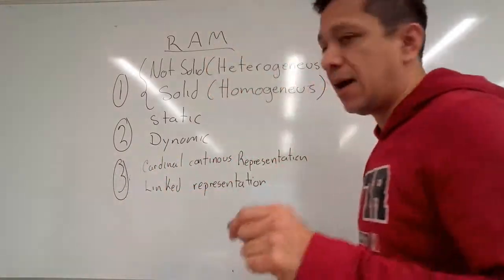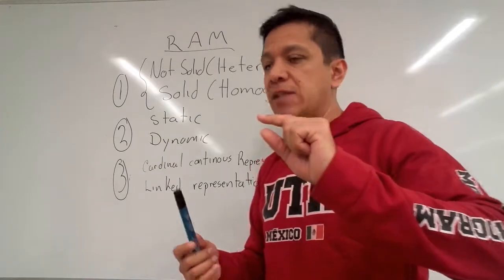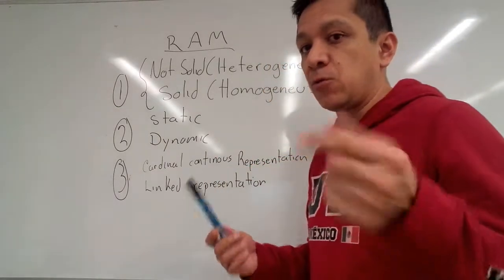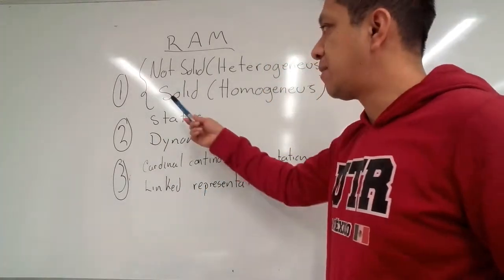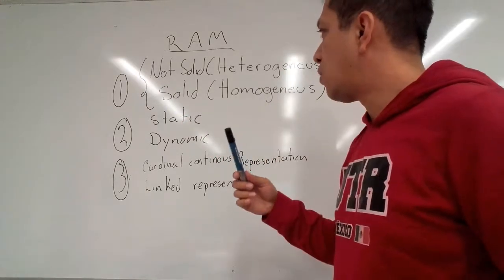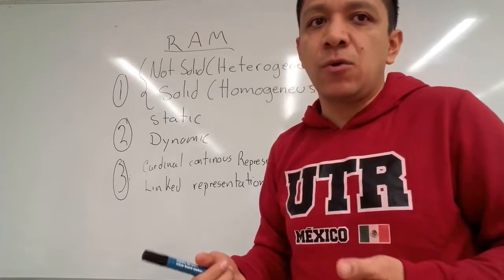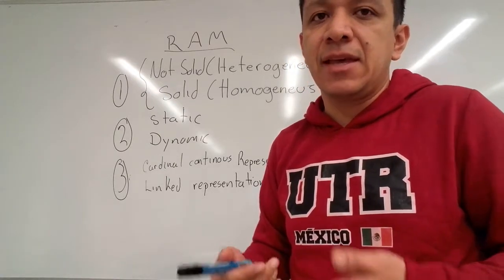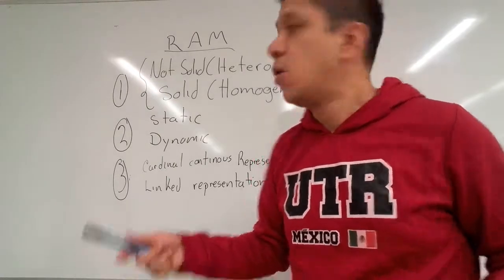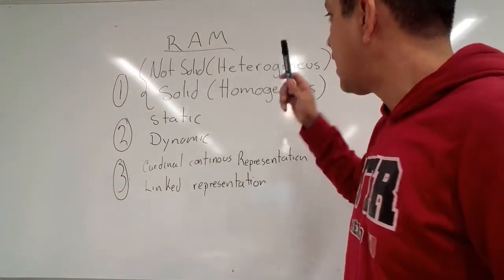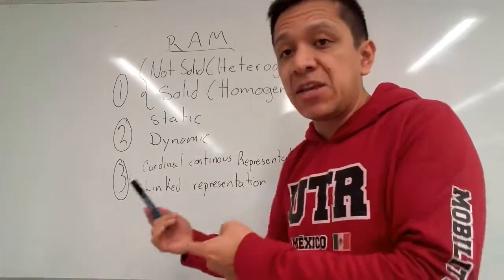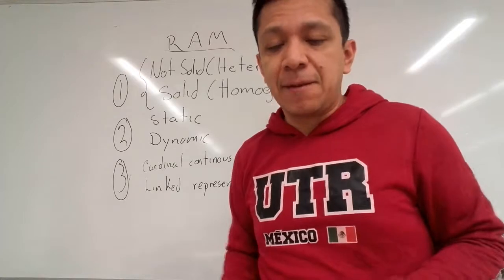In this case, I first need to explain a little bit what kind of data we can use. An example is solid or homogeneous, when the data is always the same kind of data. Or the not solid, the heterogeneous, where we manage different types of data.